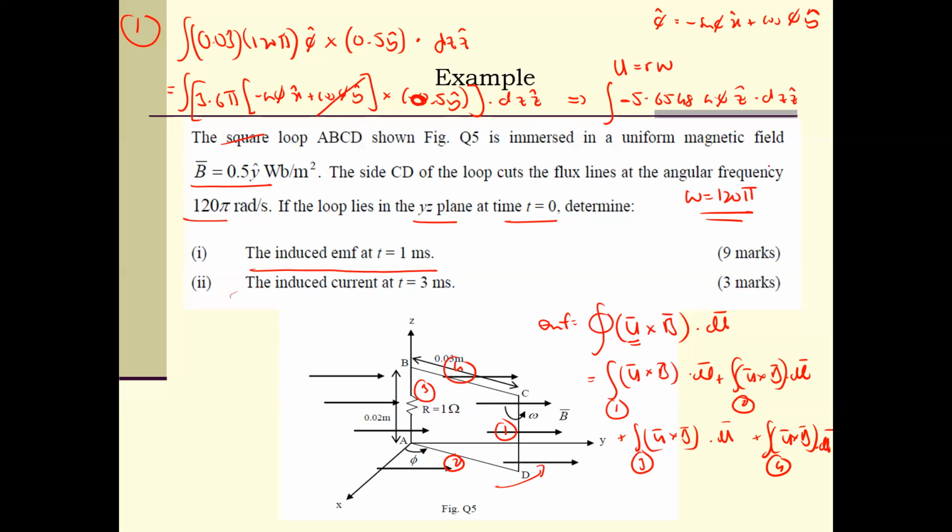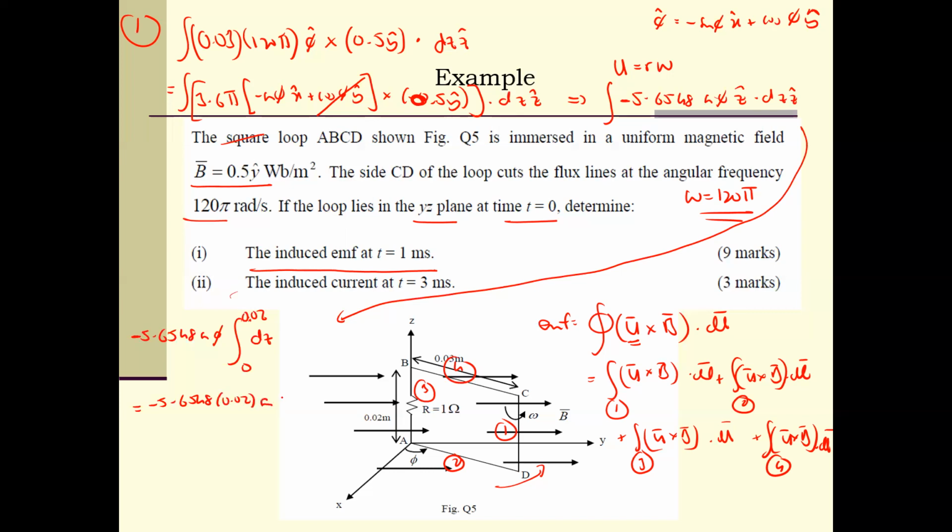So if I can bring it down here, the EMF for side number 1 will be equal to negative 5.6548 integration. Sorry, sine phi is a constant, we take it out here. So we have the integration of dz, which is from 0 to 0.02. That is the z integration, and we end up with negative 5.6548 multiplied with 0.02 and sine of phi.